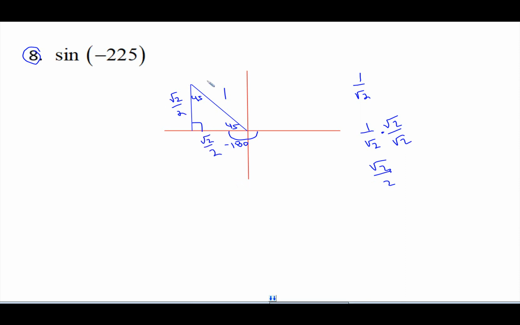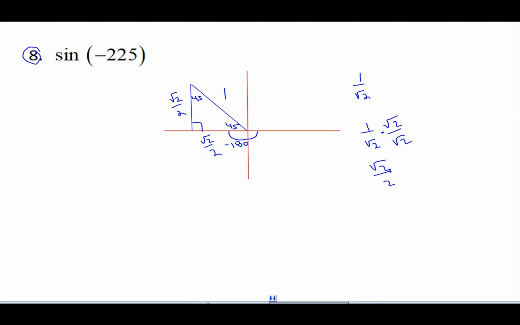Remember, for a 45, 45, 90 triangle in the unit circle, since the hypotenuse will always be 1, the legs are always going to be rad 2 over 2, and they're the same. Just be careful, sometimes these values will be negative or positive depending on where you're at.